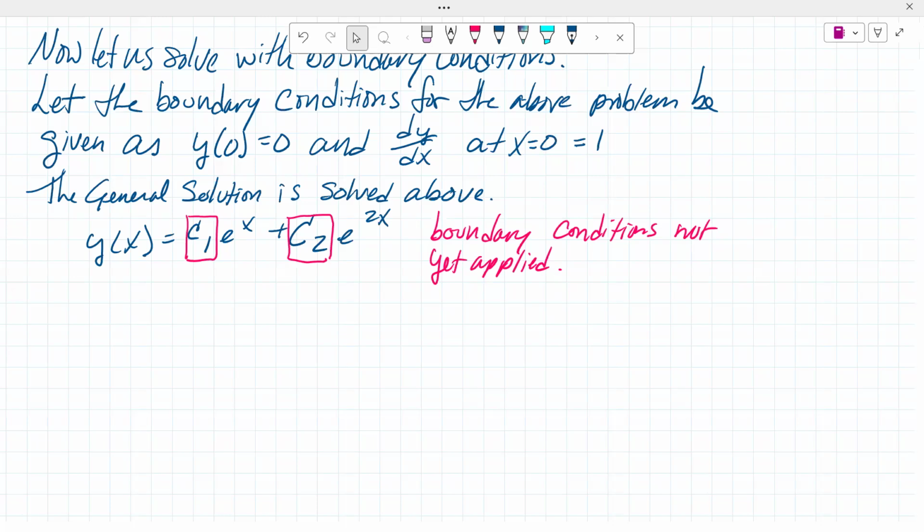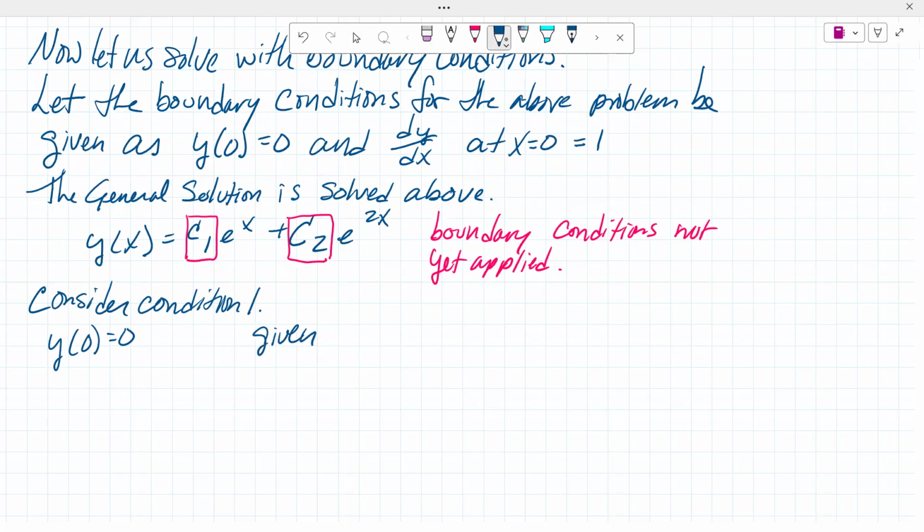All right, so we now solve for the specific one. Consider condition 1. What did condition 1 say? y of 0 equals 0. This is a given in the problem above.